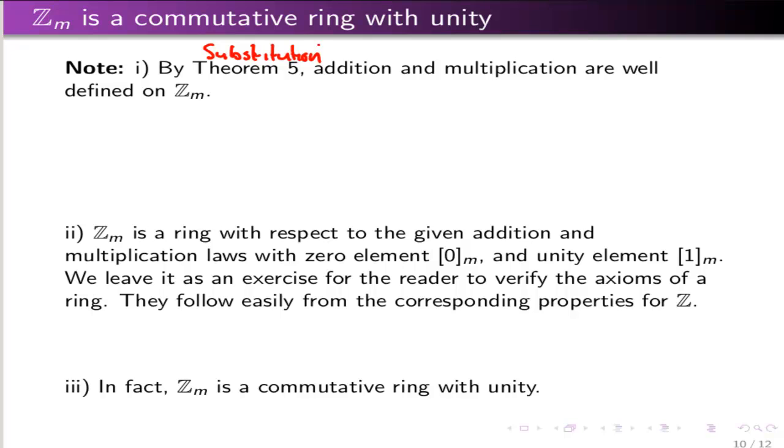So suppose we have different representatives like this, an a1 and an a2 representing the same class, and that you have a b1 and a b2 representing the same class.